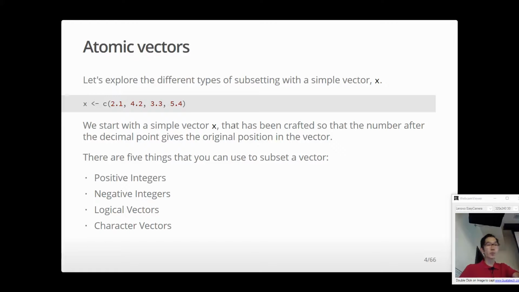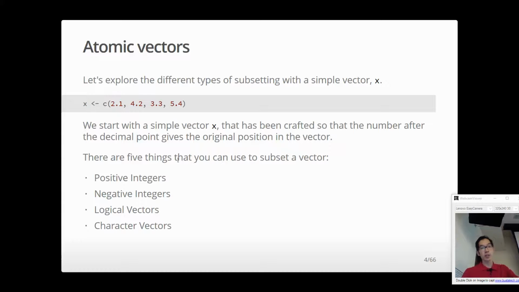Okay, so we're going to just start off with a simple atomic vector. It's just these four numbers, so this would be type double, and this is written in such a way that the number after the decimal tells you the position in the original vector. Okay, so 4.2 is in the second position.